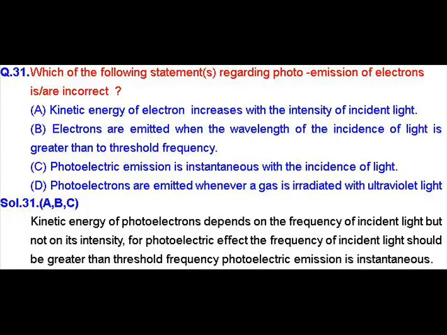No, the electrons are emitted when the frequency of light is greater than the threshold frequency, or the wavelength of light is less than the threshold wavelength. Option C, photoelectric effect is instantaneous with the incidence of light. And option D, photoelectrons are emitted whenever a gas is irradiated with ultraviolet light. So options A, B and D are the incorrect options. So according to the question, only C is the correct option.